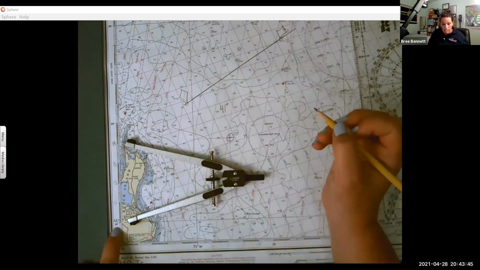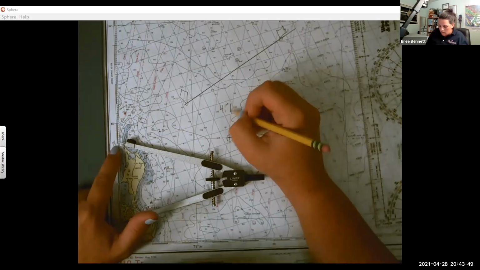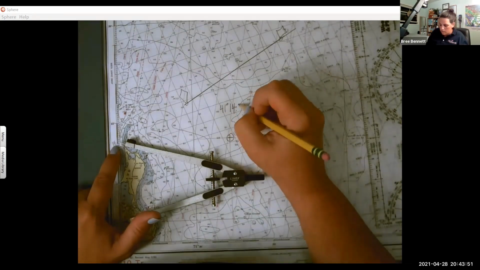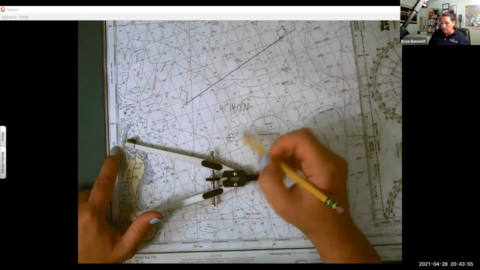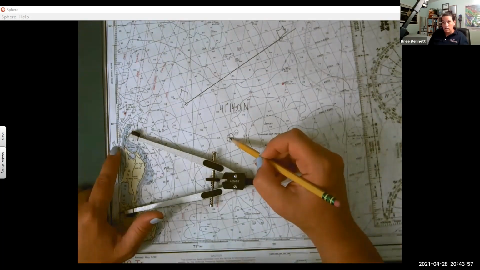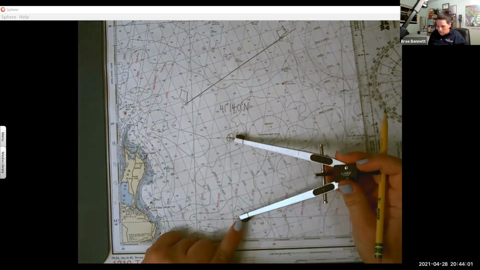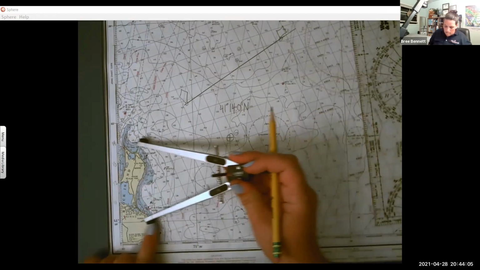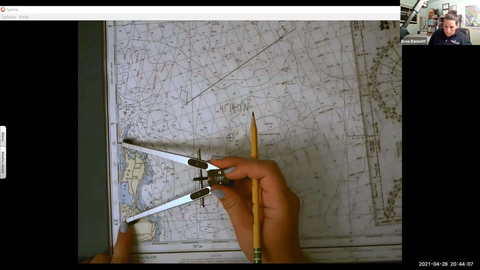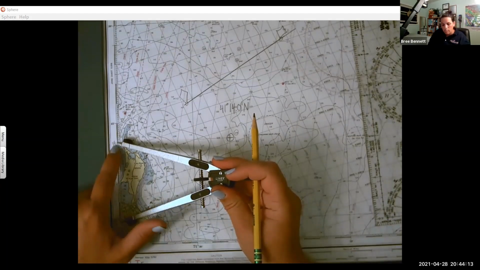This is 10, 11, 12, 13, 14, 14.0 minutes north. That is going to be my latitude. As I went measuring this, going all the way across, line it up a little bit better. And we are at 41, 14.0.